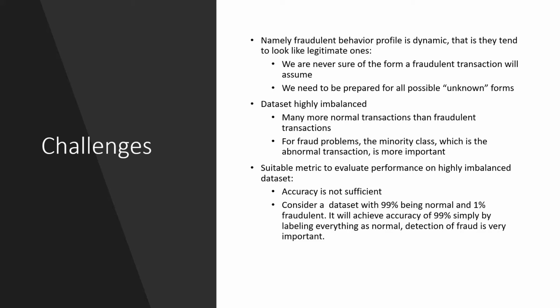And then also the data set has imbalance. Of course, if we have many transactions, we use a credit card all the time, we have a lot of normal transactions, and most of us don't have any fraudulent ones. So getting data of, like, this is an example of fraud, is hard.